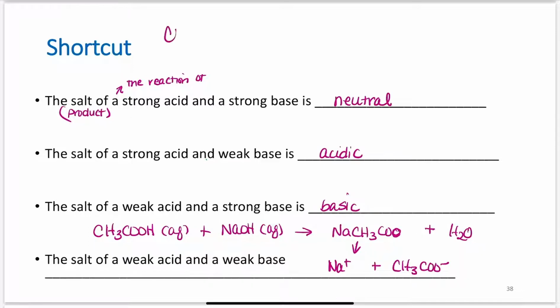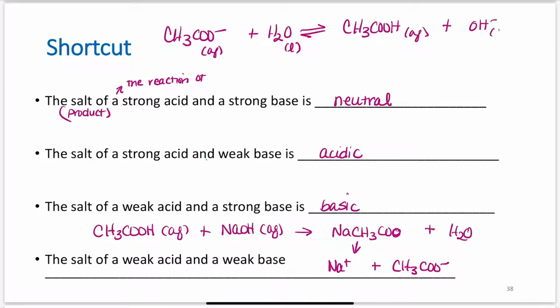But acetate will react with water. Specifically, it will take one of the protons, forming hydroxide. So it acts as a base. It accepts a proton, forming a conjugate acid.